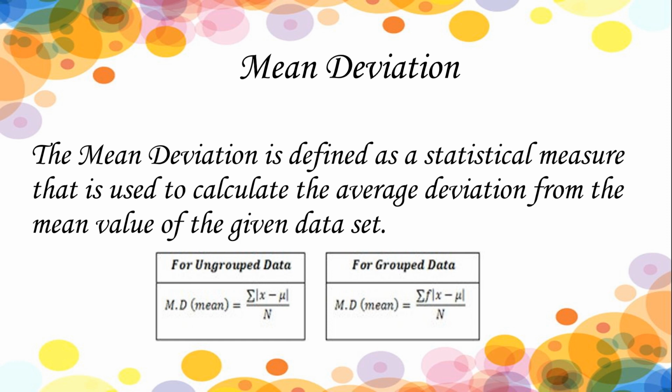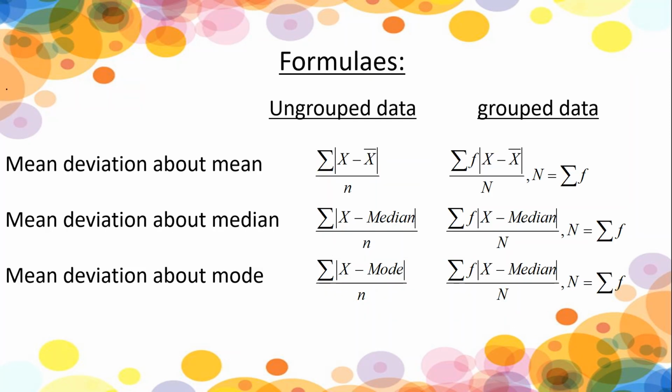Here are the formulas in general case: mean deviation about mean for grouped data and for ungrouped data. Here I have given the formulas for mean deviation about different averages such as mean, median and mode for ungrouped data and for grouped data. First let us see mean deviation about mean.